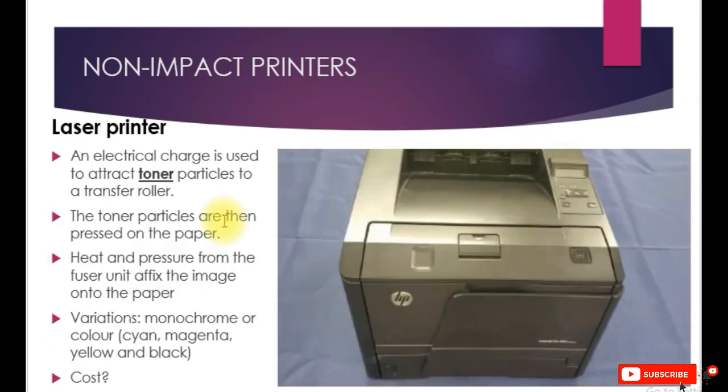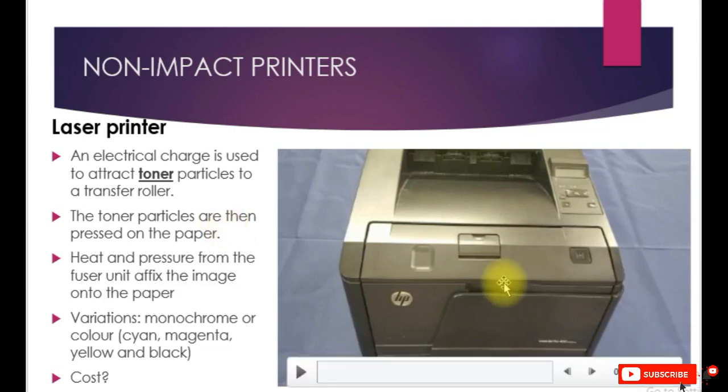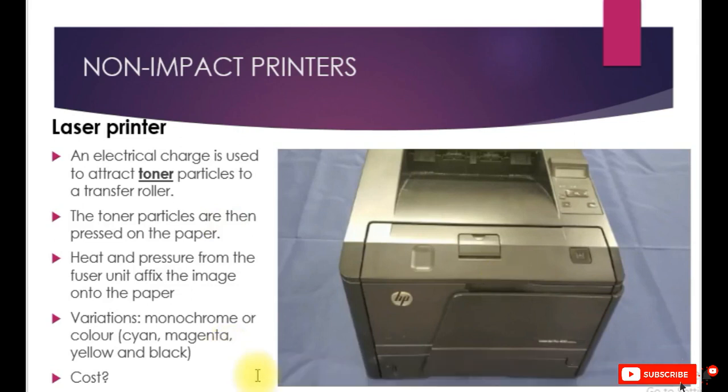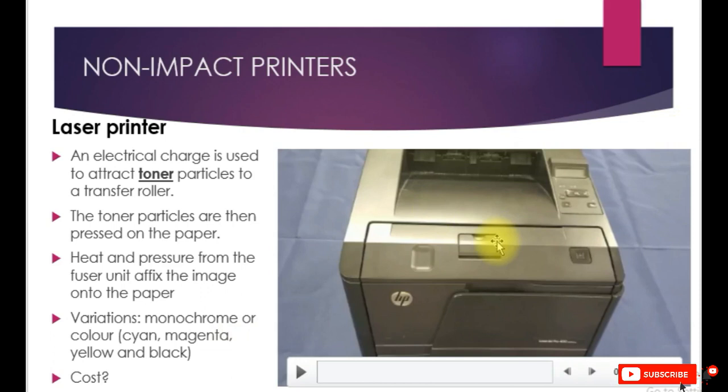Then we have the laser printer, and laser printers, in terms of form factor, in terms of physical size, are typically that much larger than an inkjet printer. How these work, the print mechanism here is very much different from that of an inkjet printer.